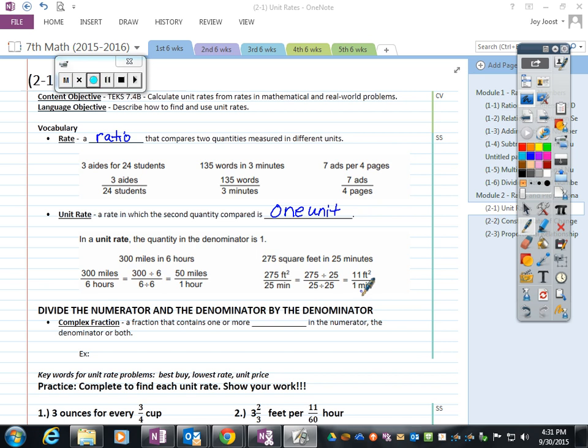In a unit rate, our denominator is 1. We will find the unit rate by dividing the numerator and the denominator by the denominator. So let's highlight that. We're going to divide the numerator and the denominator by the denominator.